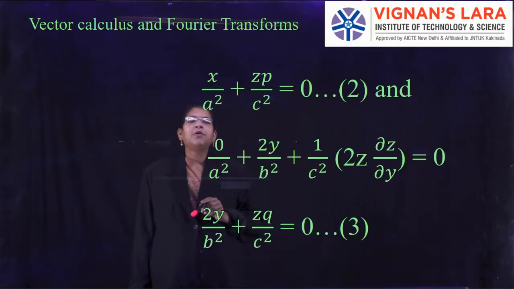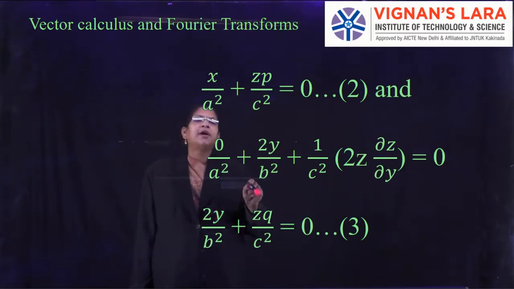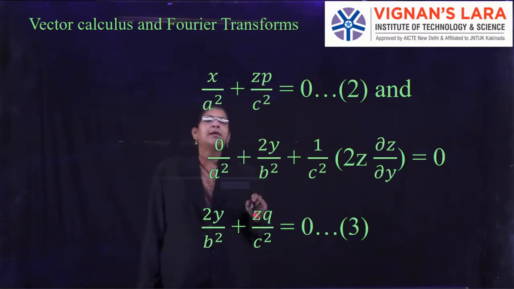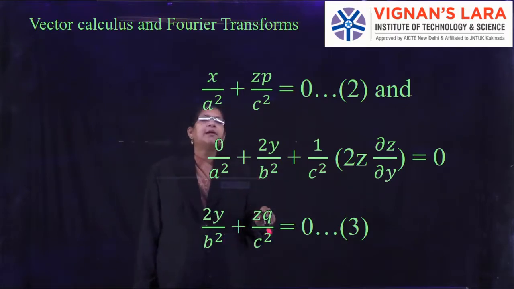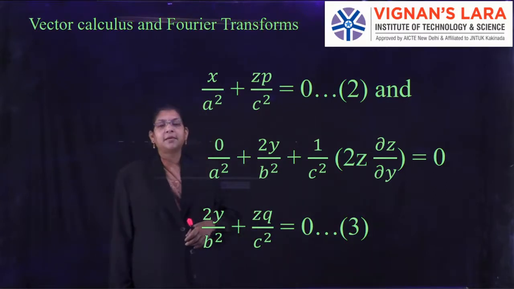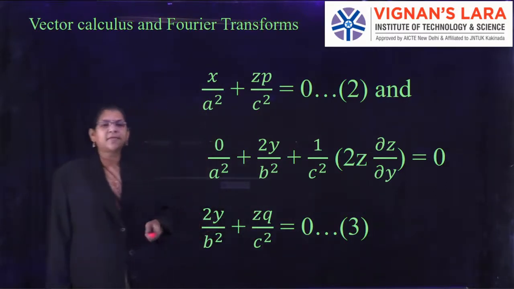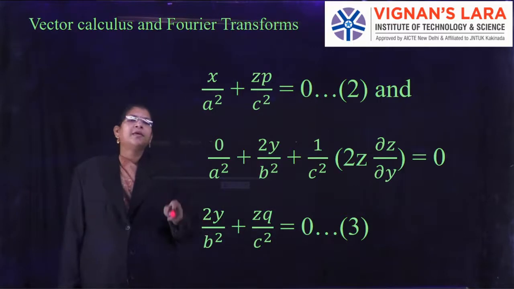All of you note this correction. y by b square plus zq by c square, because we are denoting dou z by dou y with q. So what will you get? z into dou z by dou y is q divided by c square equal to 0. Take this as equation number 3. So all of you note the correction. In the last step, in the first term, it is not 2y, it is y by b square.